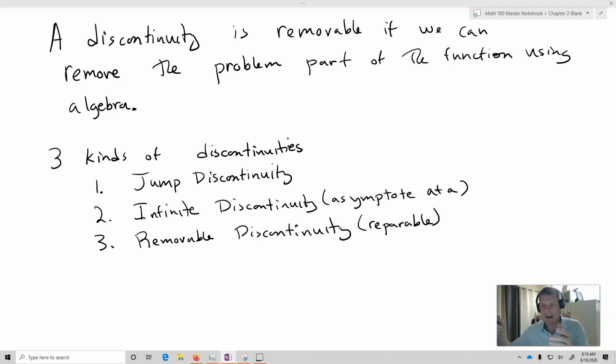In that interval, there are no jump discontinuities, no infinite discontinuities, and no removable discontinuities. That's an important idea. We're going to look at that in just a second.